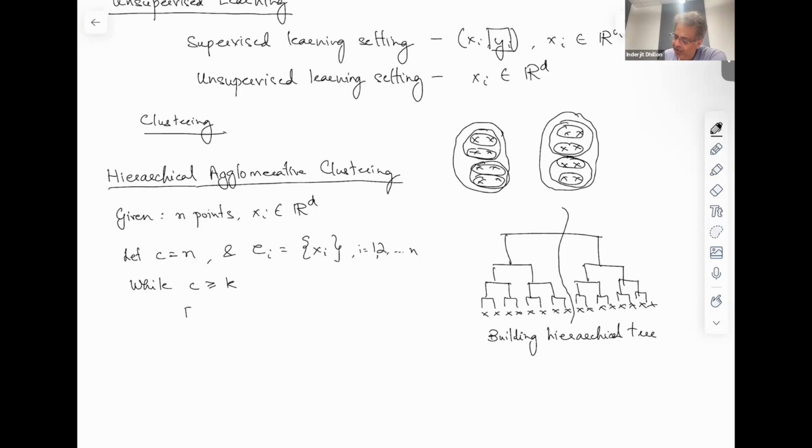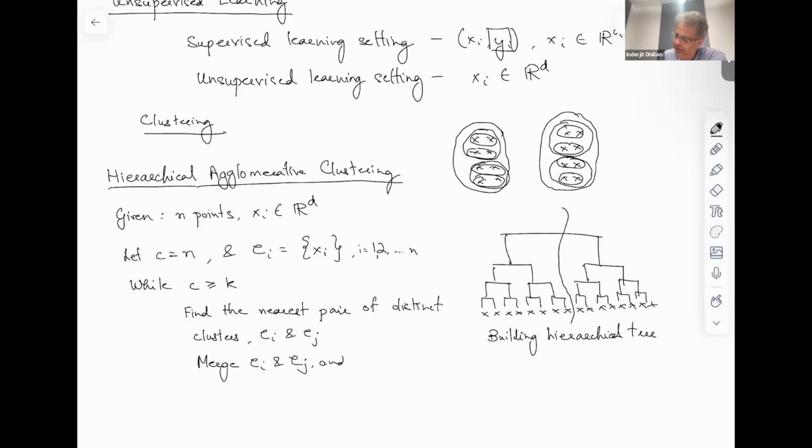At each step, it finds the nearest pair of distinct clusters, Ci and Cj, and then merges Ci and Cj.